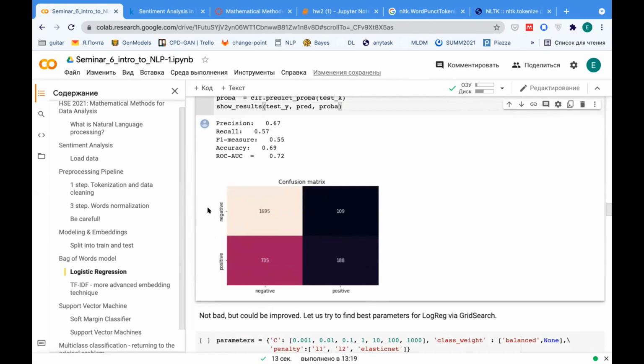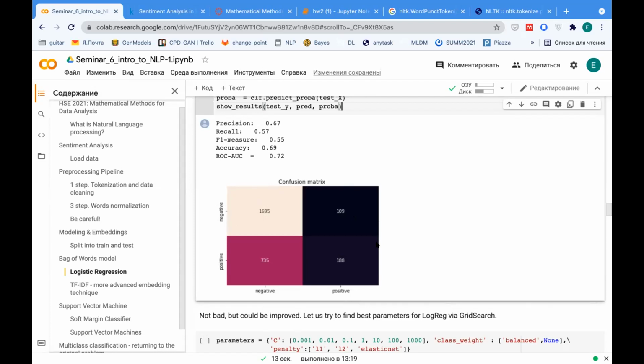Here are true negative values, the values that are negative in our data, and here we have positive examples from our data, and here are our predictions.